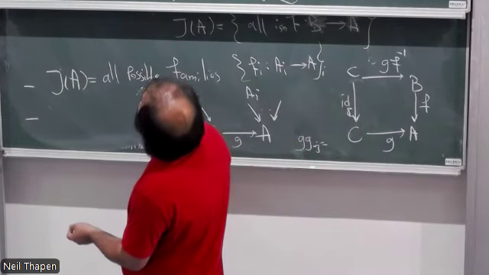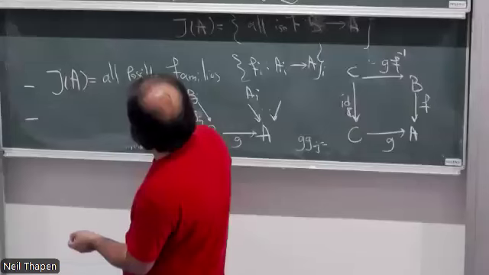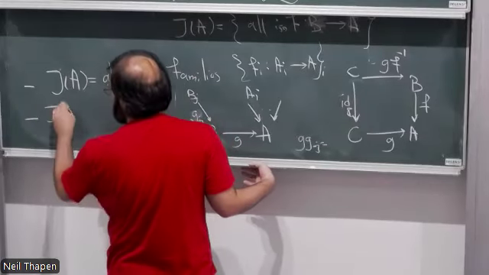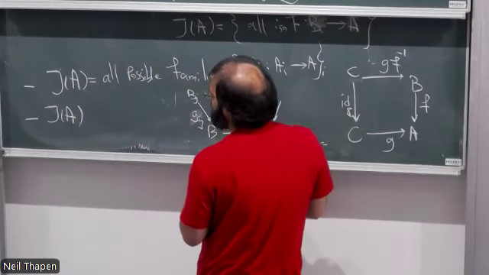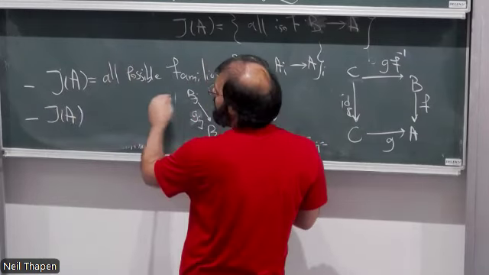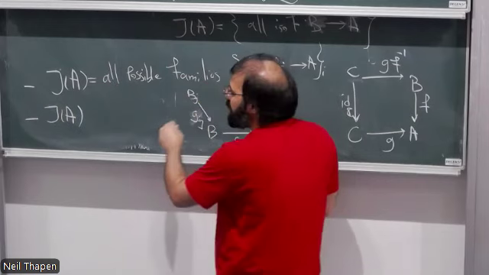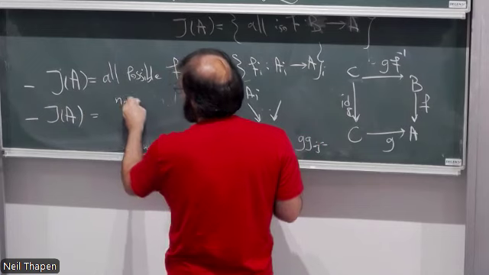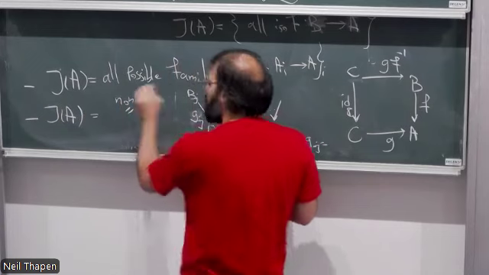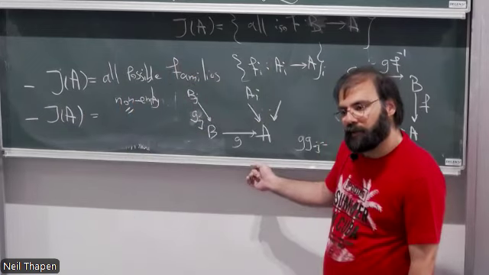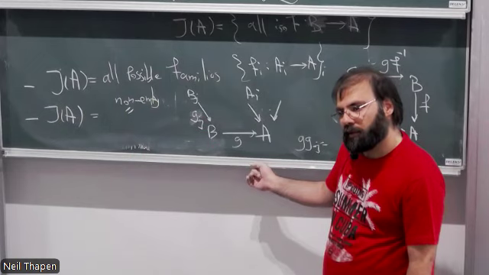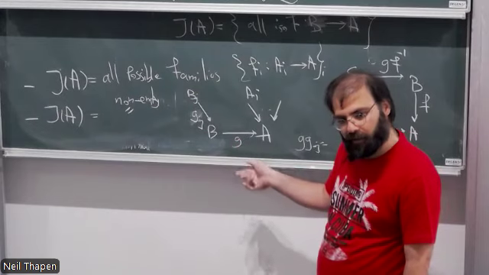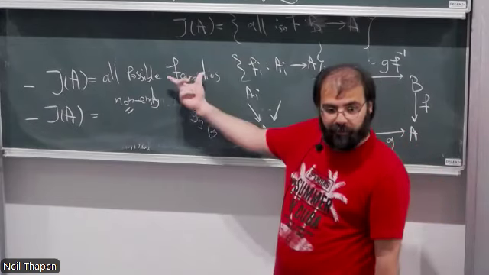What is the next one? That's also stupid, but kind of cute. So all possible families, but all non-empty families. This is then not trivial to be the family.